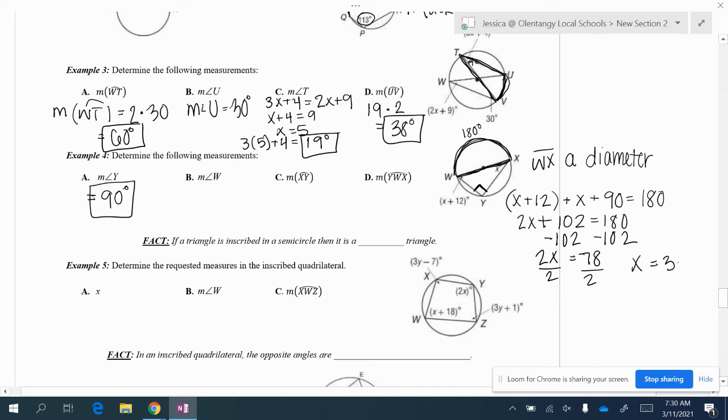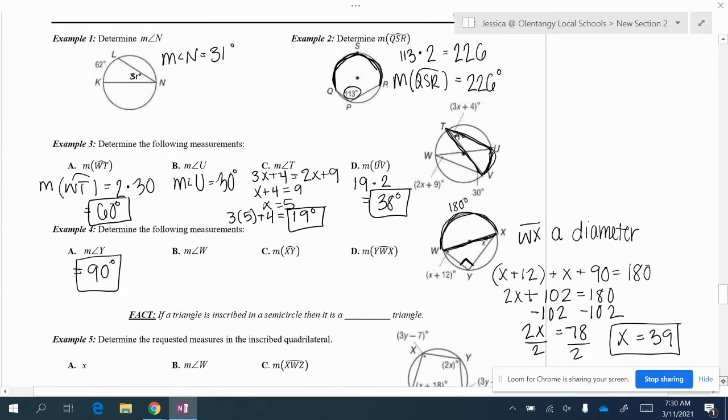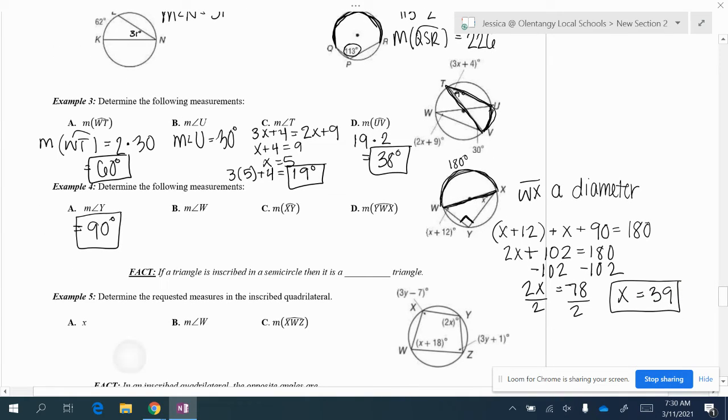X is equal to 39. So the measure of angle W is X plus 12, so 39 plus 12 is 51 degrees.